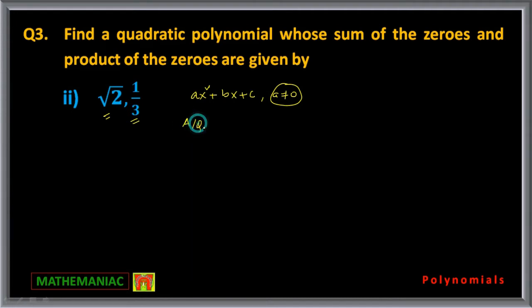Then according to the question, I can write the sum, that is minus 2 root 2, which will be equal to minus b by a, and the product is 1 by 3, which is equal to c by a. Now you see what denominator I should bring for both the fractions.